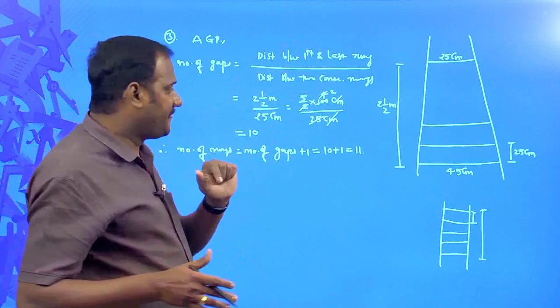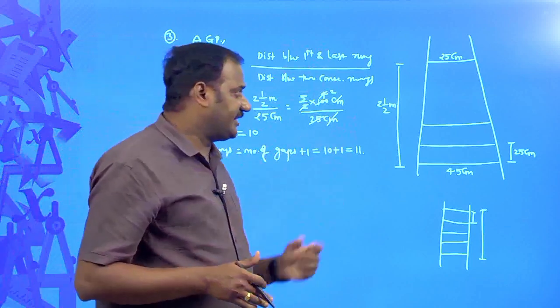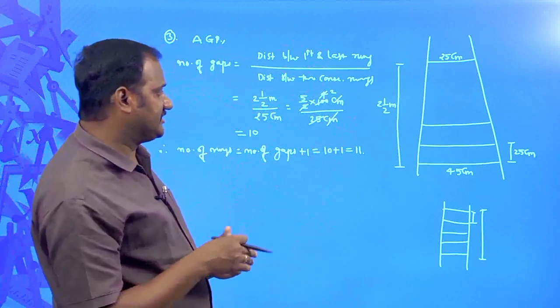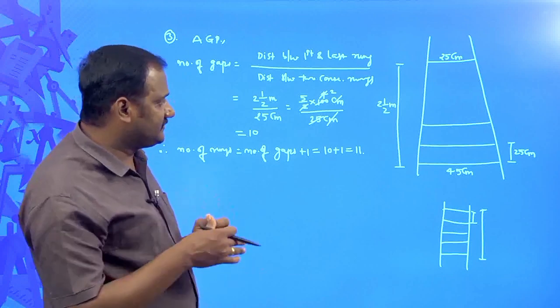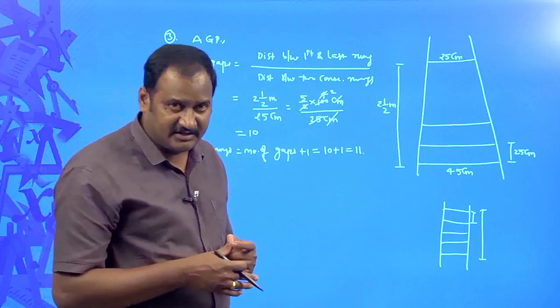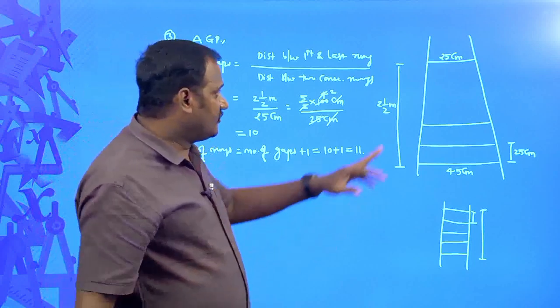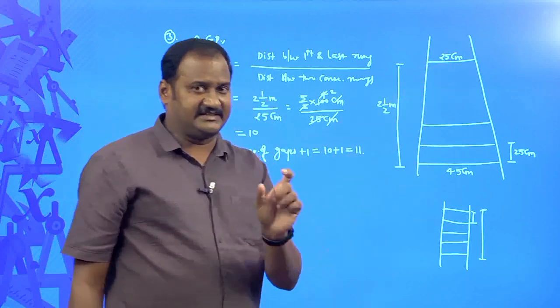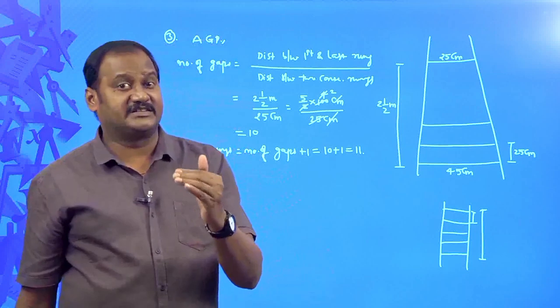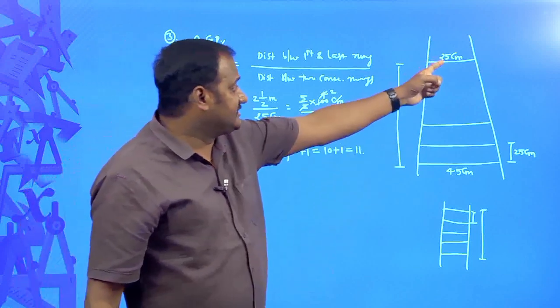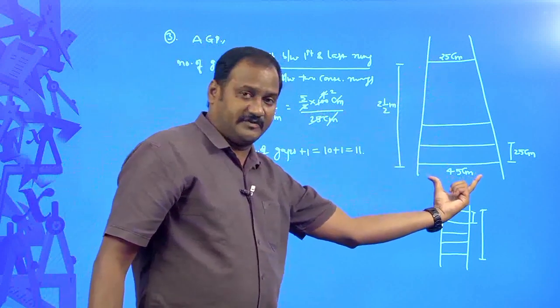Okay. So, to find out the total wood required, we can understand this concept in terms of arithmetic progression, and that too the sum to n terms of an arithmetic progression. You know why? We know the length of the first rung. Let us consider the length of the first rung as the first term, and we know the length of the last rung, that is 45 centimeters.